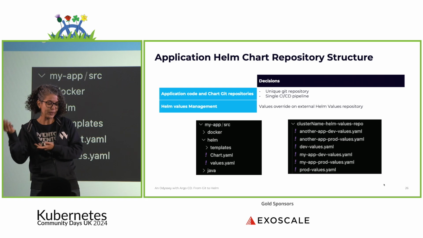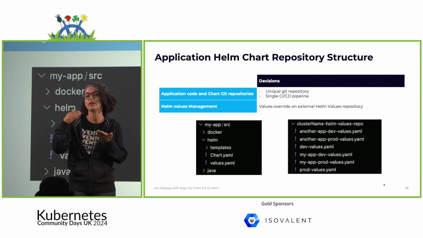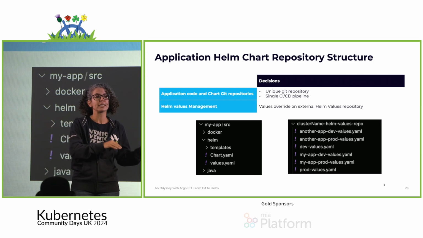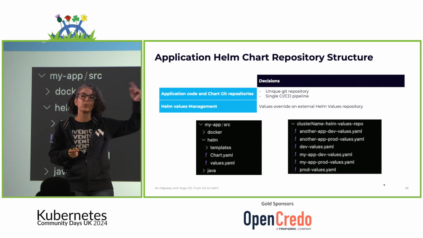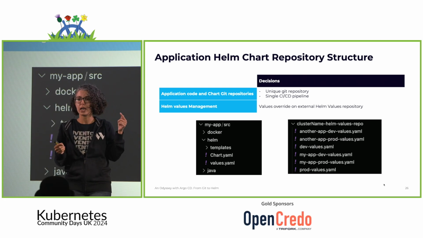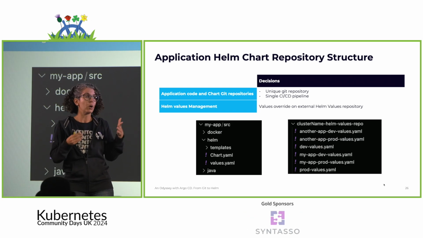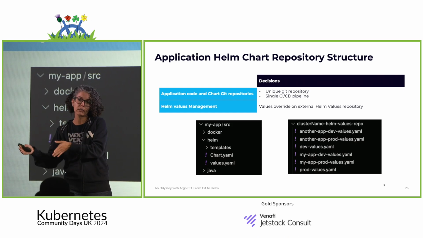On the other hand, we also reviewed where we were placing the values override per each cluster environment. And we decided to place them outside the repository. Why? Because we didn't want to go through the whole pipeline just to upgrade the number of replicas or update the resources. So that's why we defined a separate Git repository.